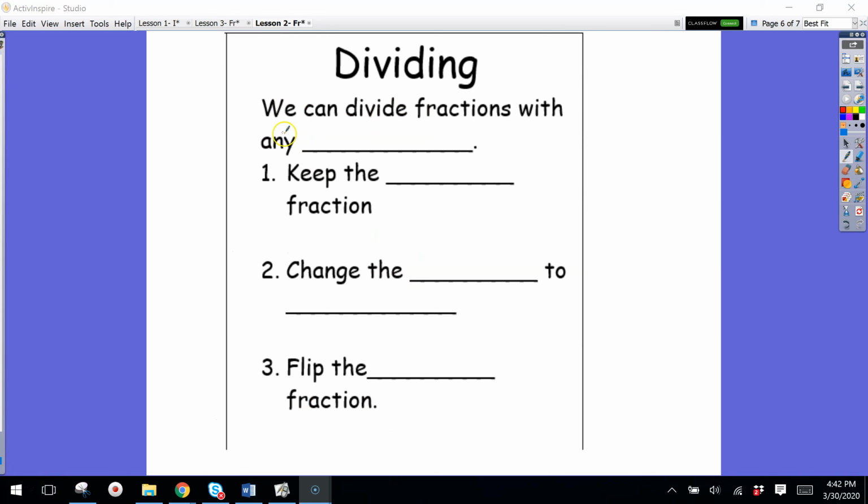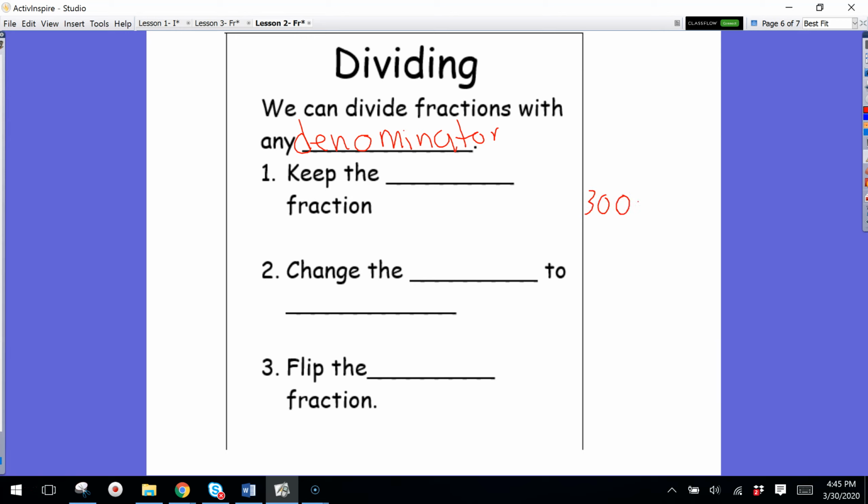Great. Now let's talk about dividing. Just like multiplication, you can divide fractions with any denominator, so they can be any size pieces. Now, what we're going to do is create our problem and make it into a multiplication problem. Let's suppose that we were doing 300 divided by 10.